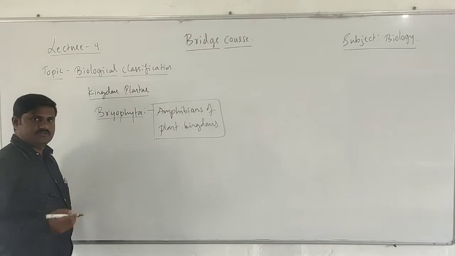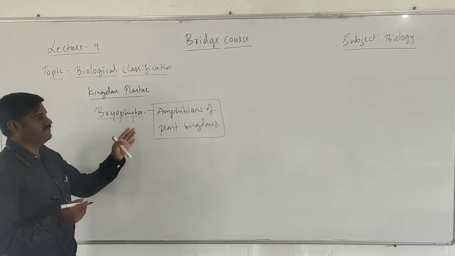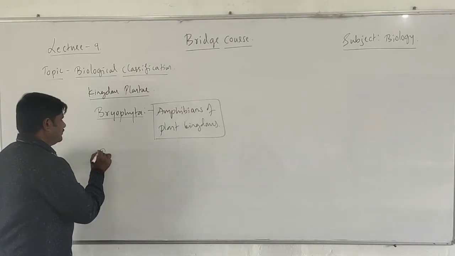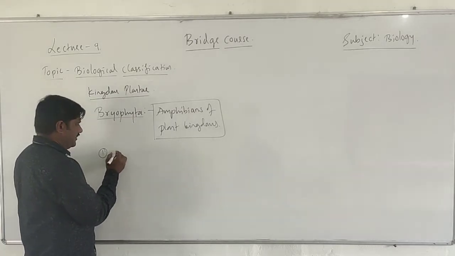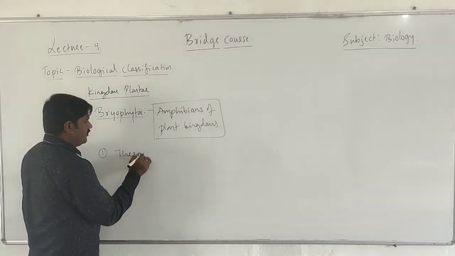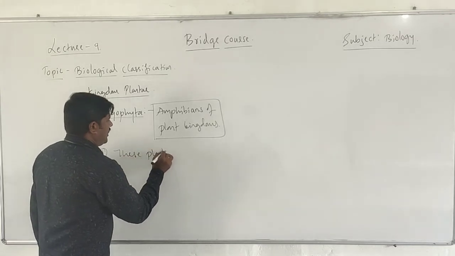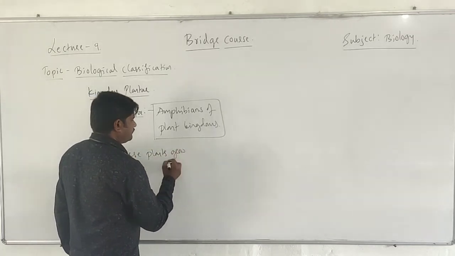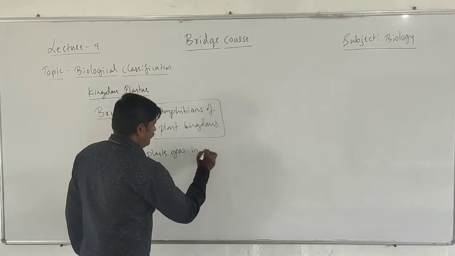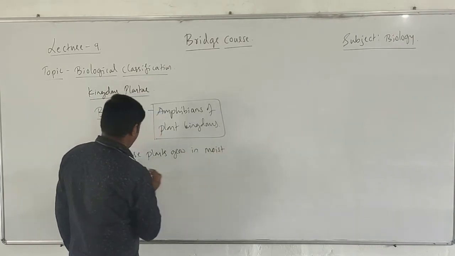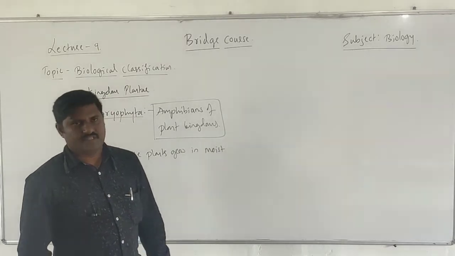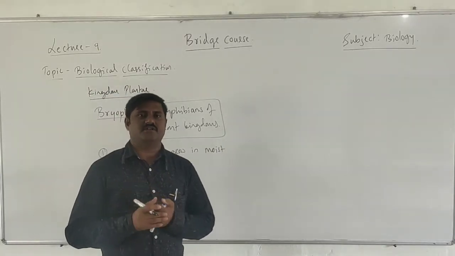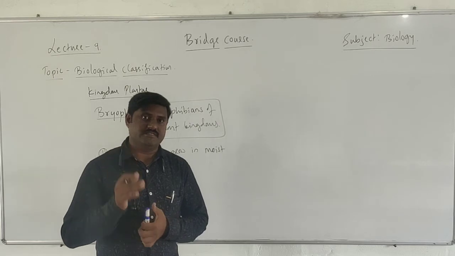So let us go through the characteristic features of these Bryophyta, right? The first character, occurrence. Where do they commonly grow? These plants grow in moist soil, on the rocks, on the edges of the rocks during the rainy season.